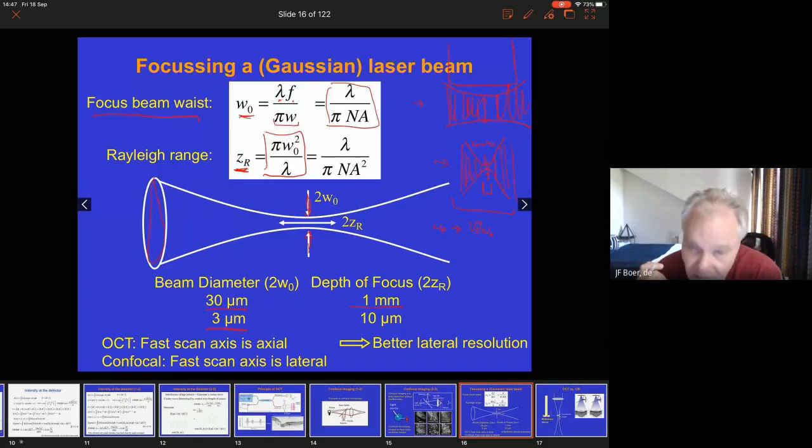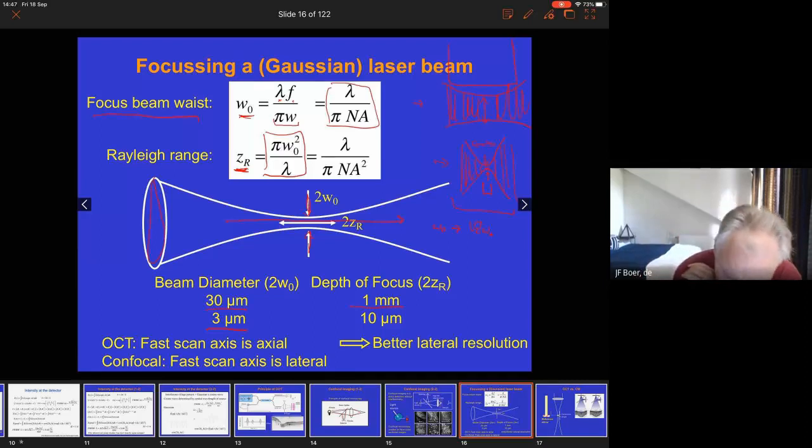So in OCT, our fast scan axis is the depth axis. We scan very fast along this direction. That is the motion of the mirror. And as I will show you later, we're not moving mirrors anymore, but we use lasers that sweep with velocities of 100,000 to 1,000,000 times per second.